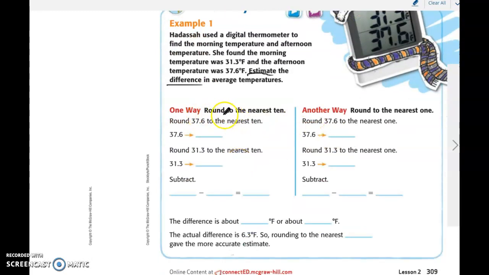One way is to round to the nearest 10. Round 37.6 to the nearest 10. So how would we do that? What do I have to do first? Estimate? Yeah, we're estimating. And what place? I underlined it right here.